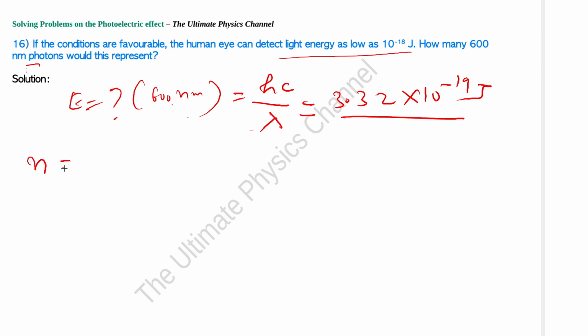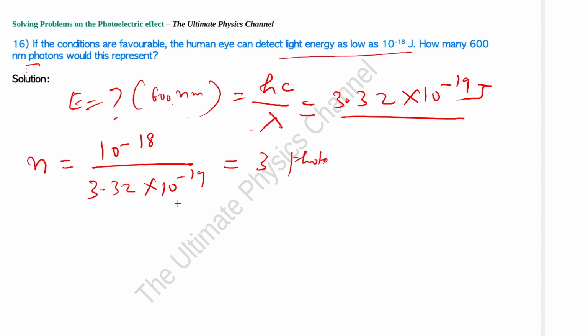So the number of photons should be the minimum energy of the radiation that the human eye can detect, over the energy of a photon. That number would be in the range of about 3 photons only, right? Because you have 10 power minus 18 and 10 power minus 19, so it is 1 over 3.32 in that case. That would be about 0.3 joules, roughly 3 photons.